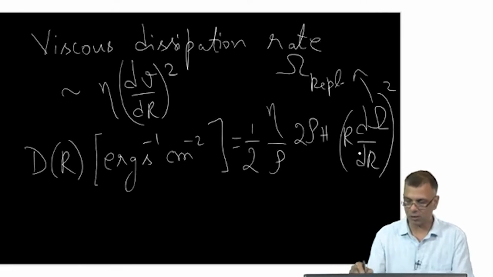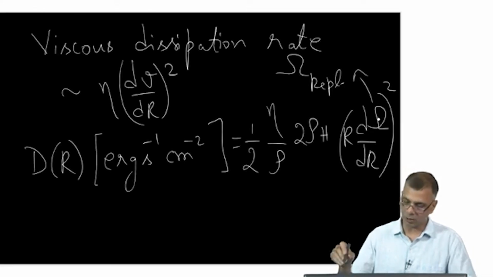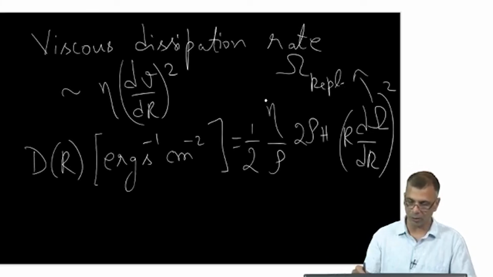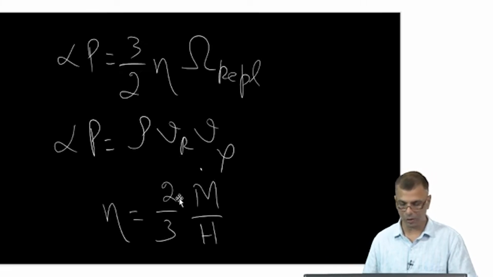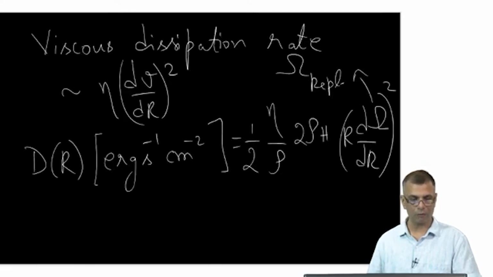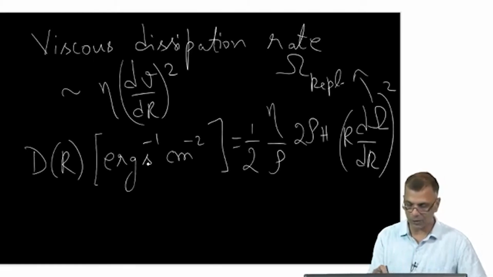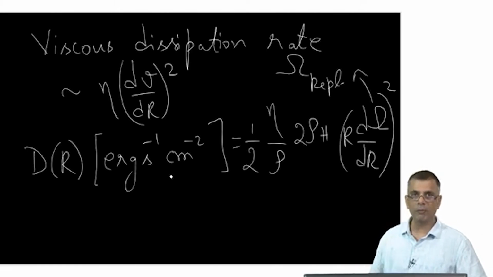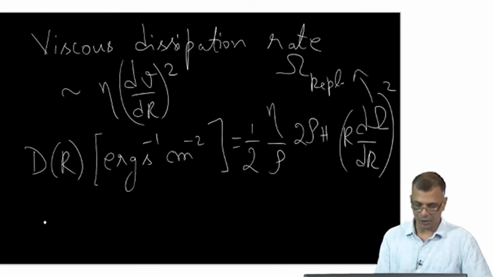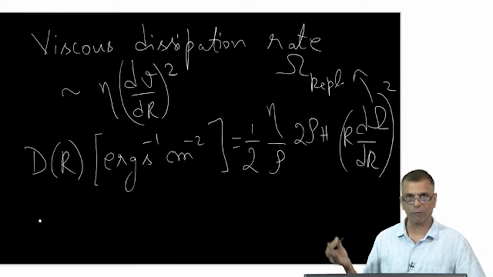And if you substitute, these rho cancel out, and if you substitute for this omega Keplerian, and if you substitute for this eta using this expression, you get the following nice expression for the number of ergs per second per centimeter squared that's potentially available via viscous dissipation, available to heat the disk, and the heated disk of course radiates.